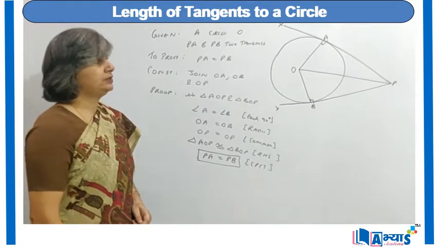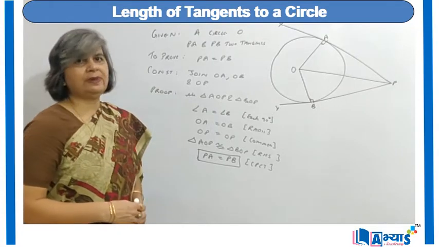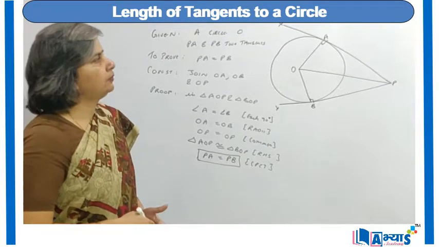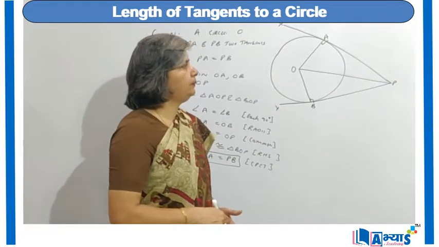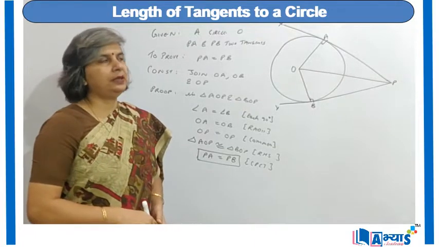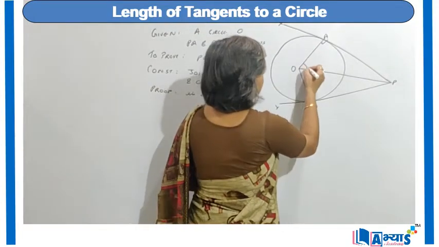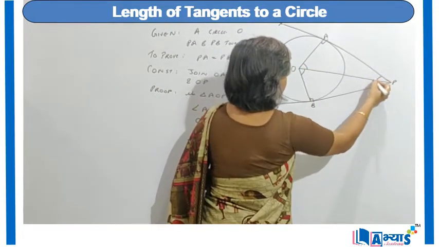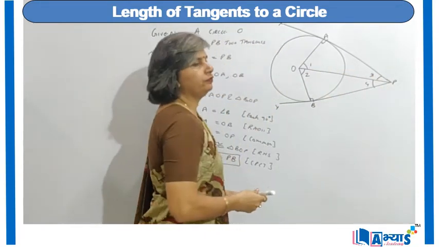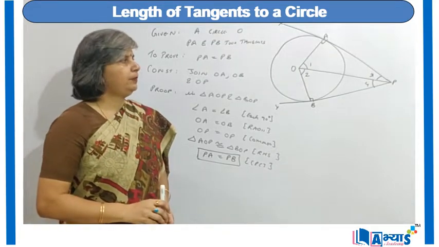Further, we have an extension to this theorem. We have to prove that OP is the bisector of angle O and angle P. That means if we have a quadrilateral OAPB, then OP is the bisector of angle AOB and angle APB. We have to prove that angle 1 is equal to angle 2 and angle 3 is equal to angle 4, because we have to prove that OP is the bisector of angle AOB and APB.